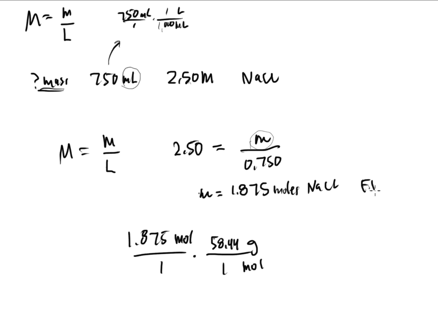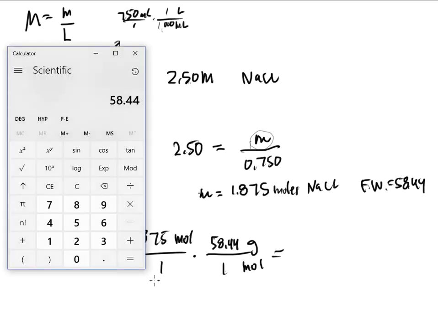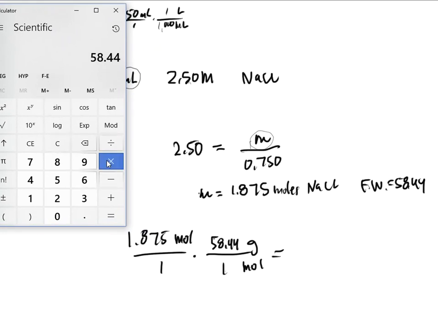That's the formula weight for sodium chloride. So there's gram, 58.44. There's mole. There's a 1. So now in order to solve the problem, I'll take 1.875 and I'll multiply that by 58.44 and I'll get 109.58.